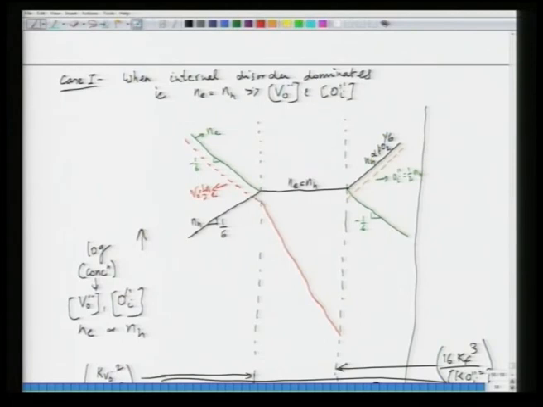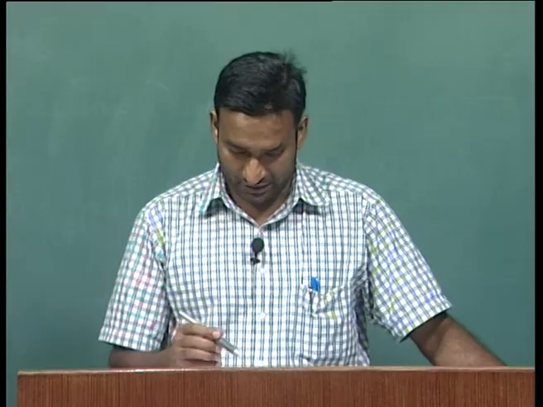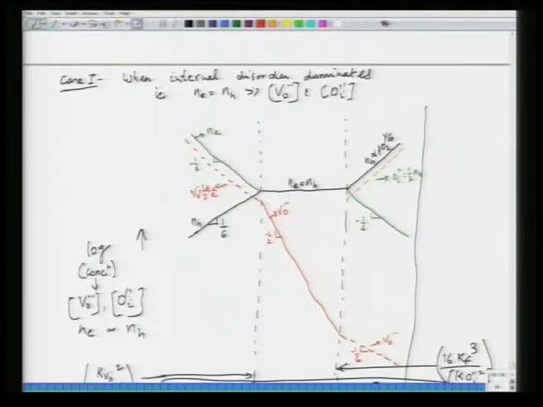This will be your VO and this will vary at minus half, and again it continues to vary as minus 1/6 in the higher pressure region. I will just draw this line which somehow got erased.